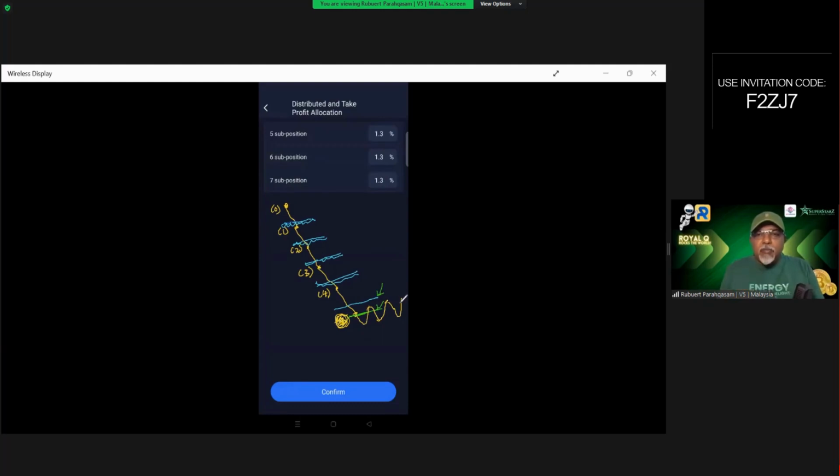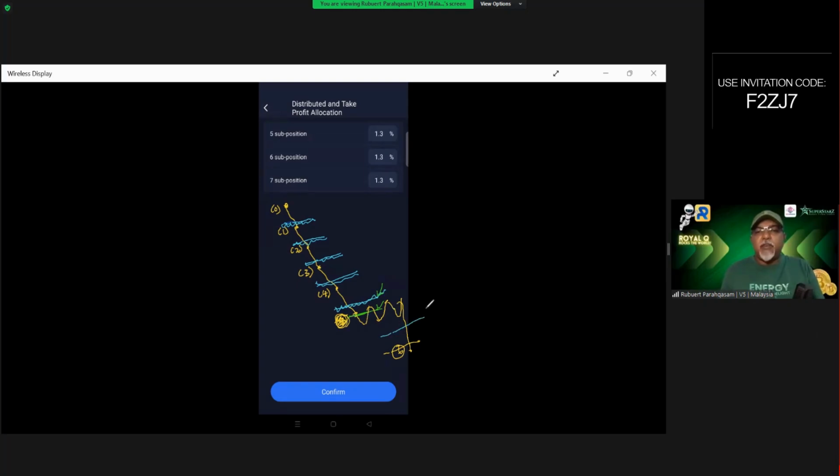And suppose the market drops further, it drops below. Over here, this is layer 6. We're buying layer 6. When we buy layer 6, this average price won't be there anymore. We'll get a new average price. So now we have 3 different average prices.